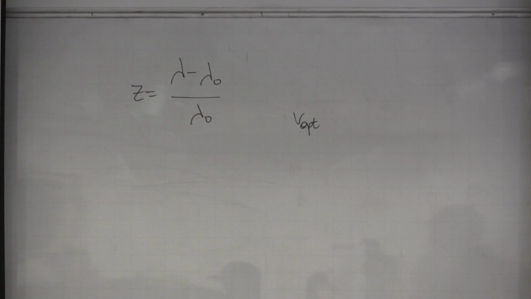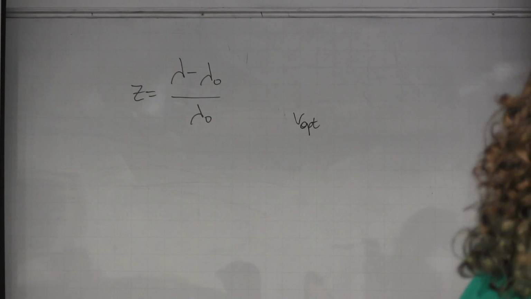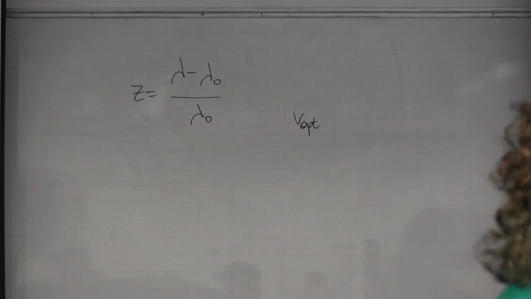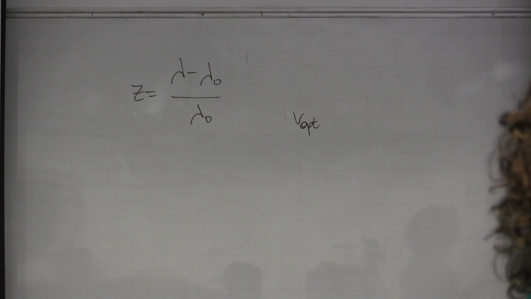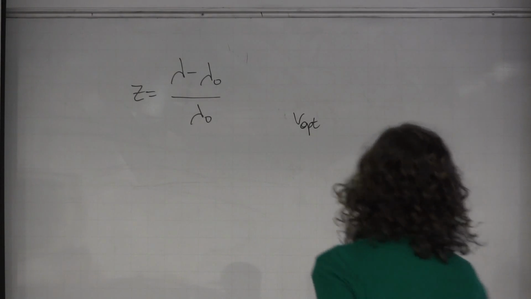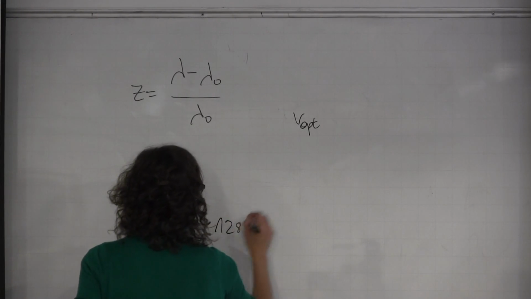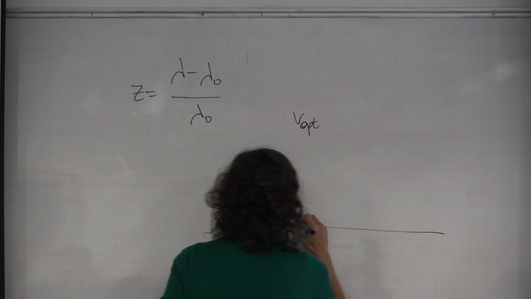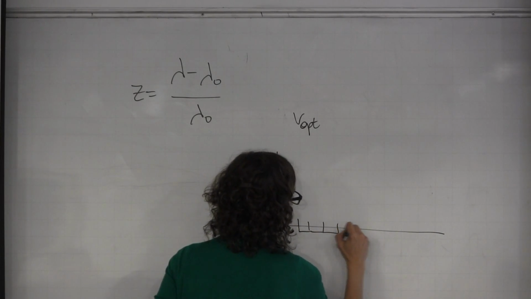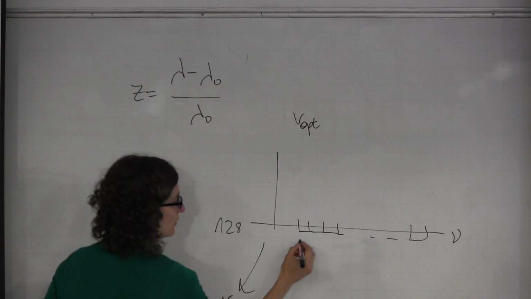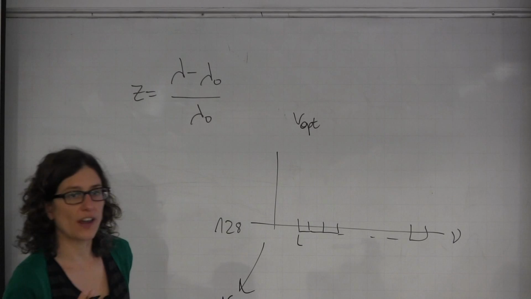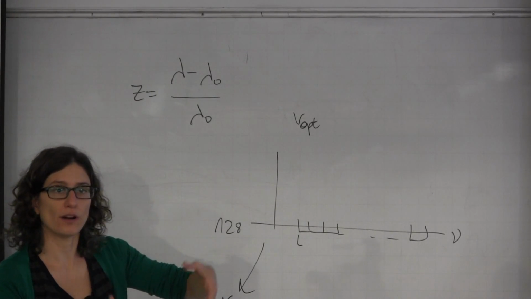Instead of being lambda minus the reference lambda over lambda 0, in radio velocity we define it comparing the frequencies. This way, when you transform from frequencies to velocities, if you have 128 channels, right?